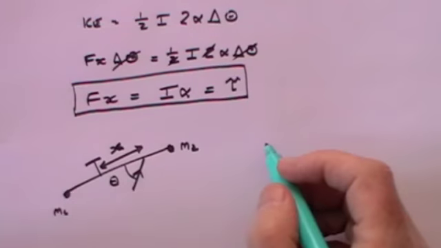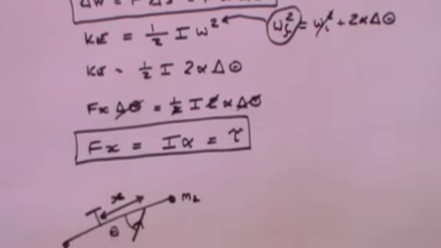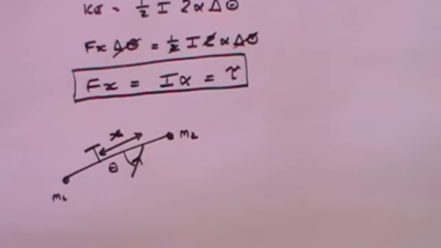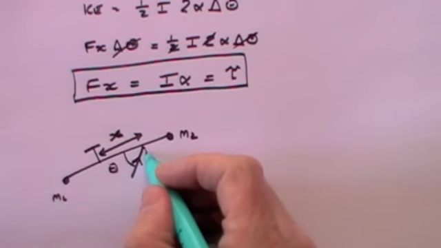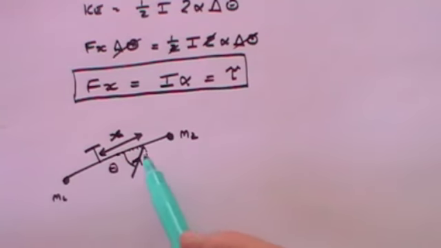Now we showed before that tau is equal to the force times the distance. But that was when the force was perpendicular. When you get to this point, you've actually got to consider what is the component of this force. Well, the force will resolve into two components.